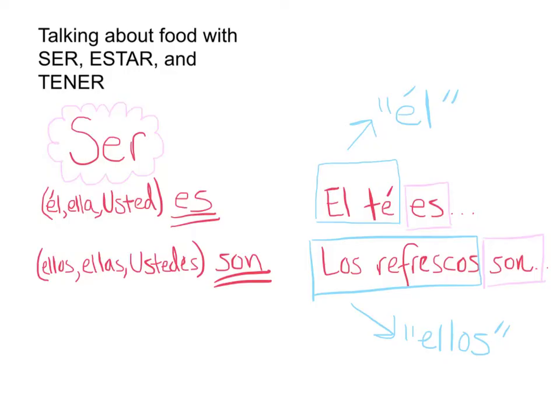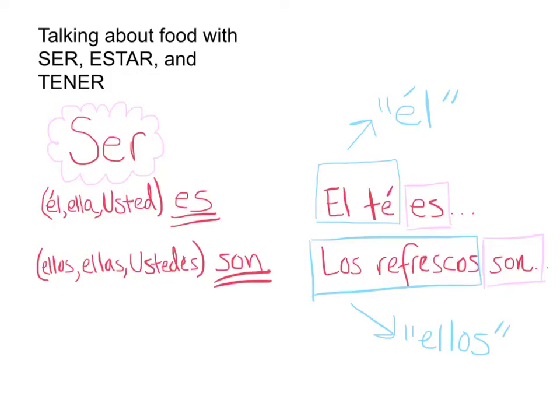So here on the first slide, you will see the verb ser. When we're talking about food with ser, we are describing the general nature of food. To do that, we either need to use the form es or the form son, depending on if the food is singular or plural. You'll see in my example sentences here, el té es.